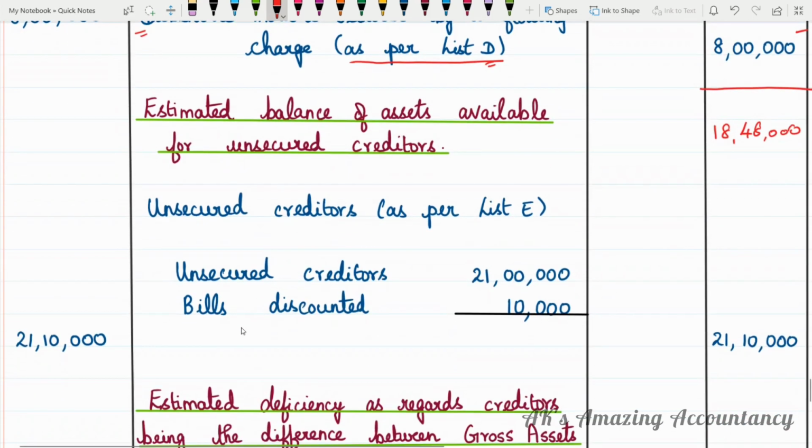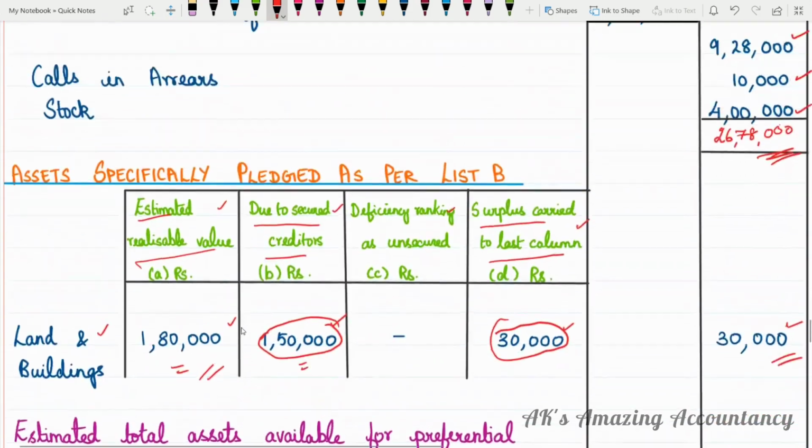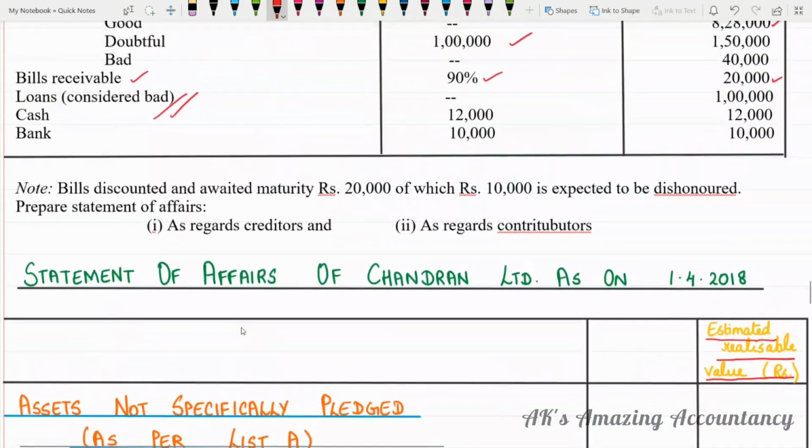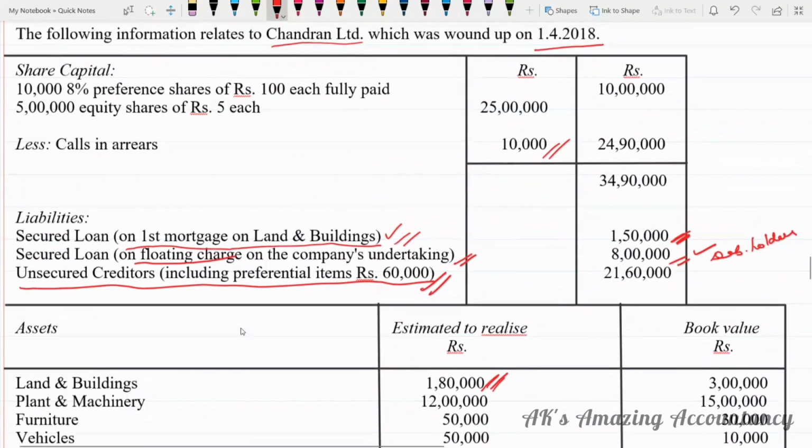Now, as per the format, we have unsecured creditors as per list E. You can have a look at the problem to know how much is unsecured creditors. As per the problem, unsecured creditors is 21 lakh 60,000, out of which 60,000 is preferential.